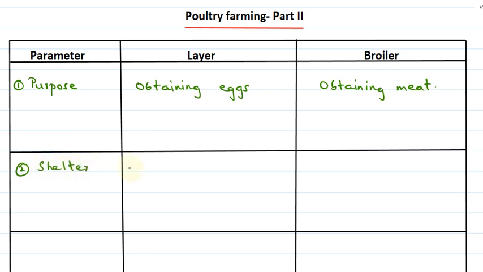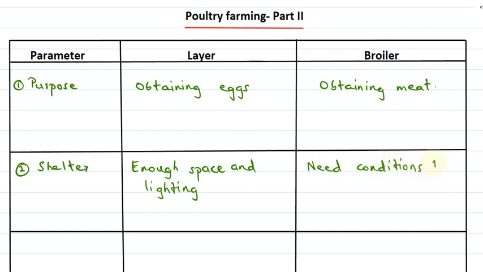Okay. So layer requires just enough space and lighting. Alright. Whereas broiler requires the specific conditions to grow fast.